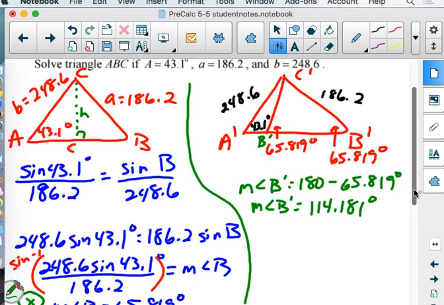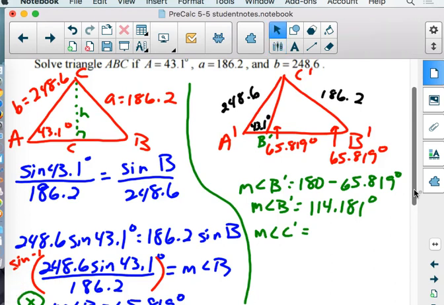Measure of angle C? Yep, we need that one. So we want to store B. Are we going to need that to find lowercase c? No. So that wouldn't hurt. I mean, if you want to put that in for z, it doesn't hurt, but we're not going to need it in the future.